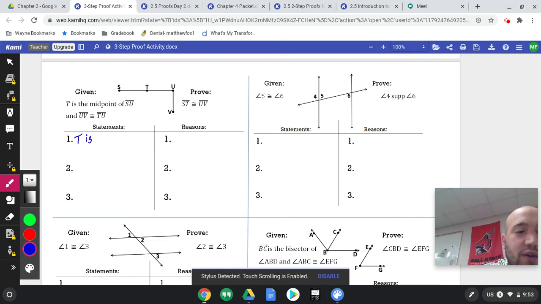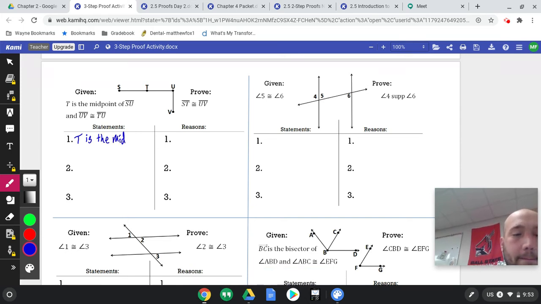So T is the midpoint of SU. And also we know that UV is congruent to TU. Okay, and this is our given.